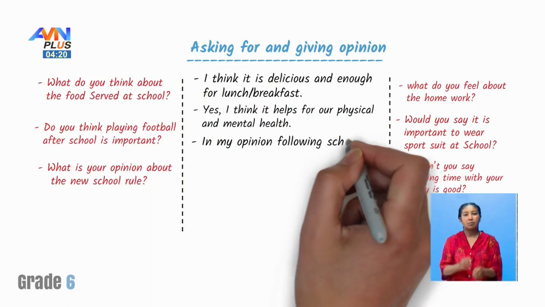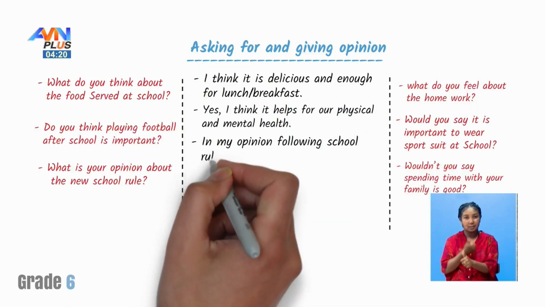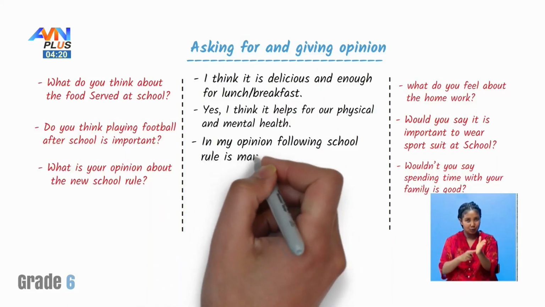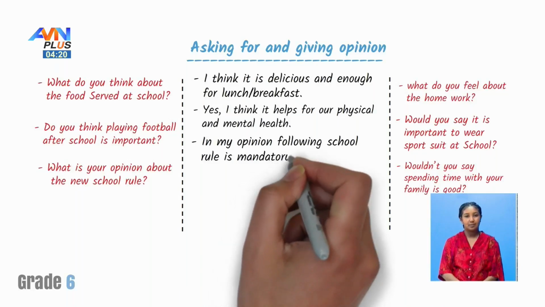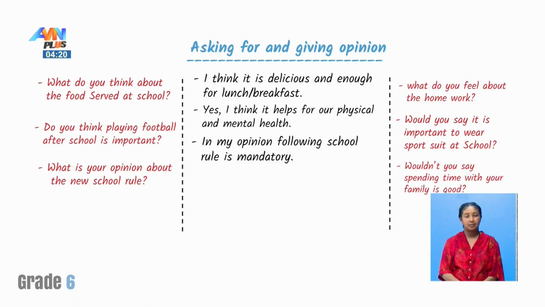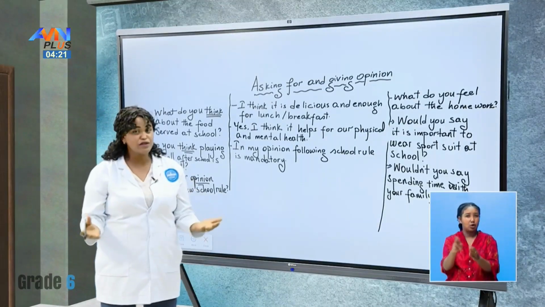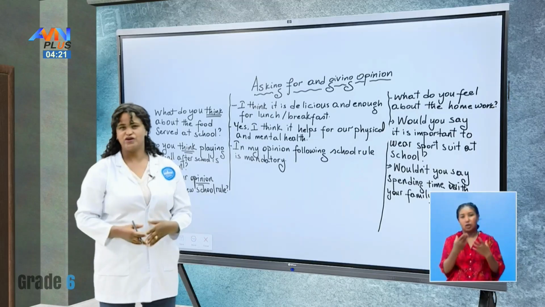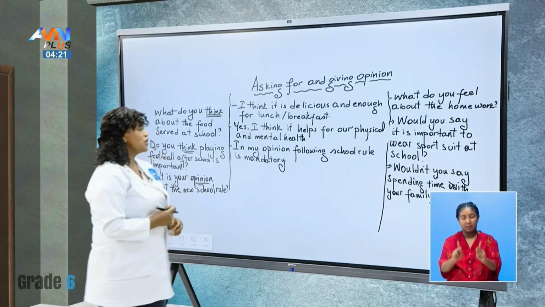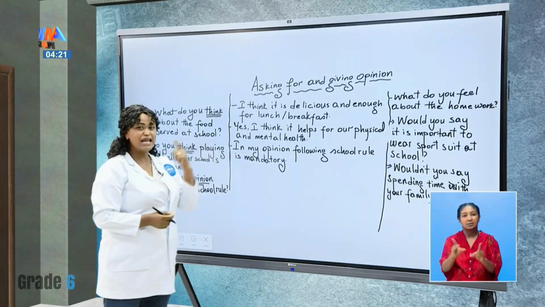following school rule is mandatory, which means very necessary. Because whatever rule that comes from your school is something which is important for you, right? Okay, so let's see the language item.